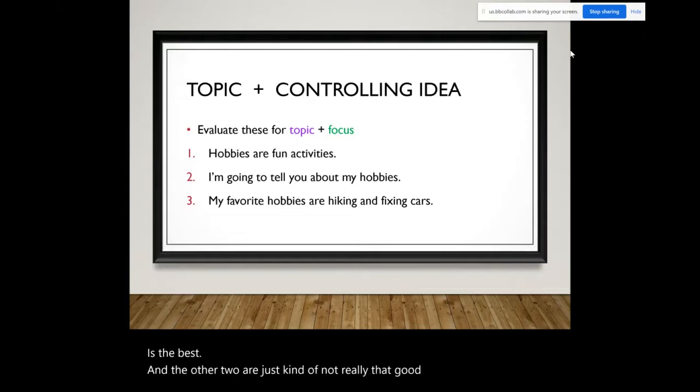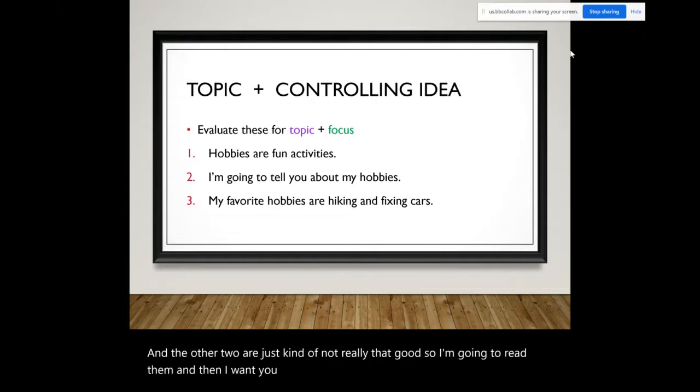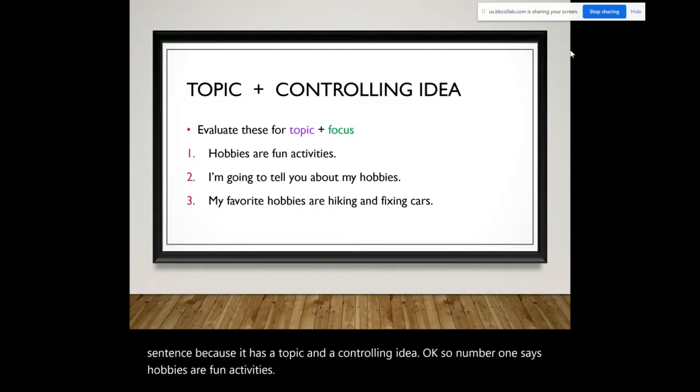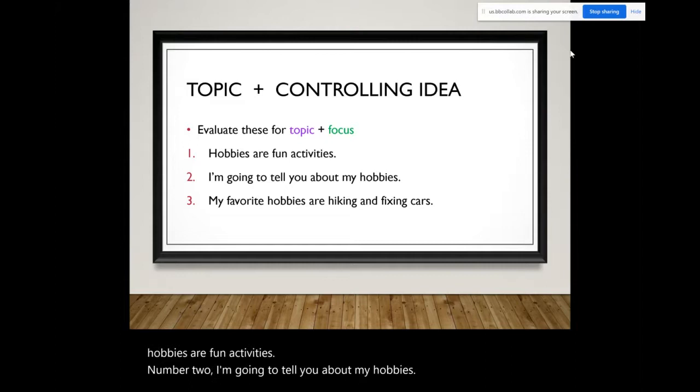So I'm going to read them, and then I want you guys to tell me what you think is the best topic sentence because it has a topic and a controlling idea, okay? So number one says, hobbies are fun activities. Number two, I'm going to tell you about my hobbies. And number three, my favorite hobbies are hiking and fixing cars.